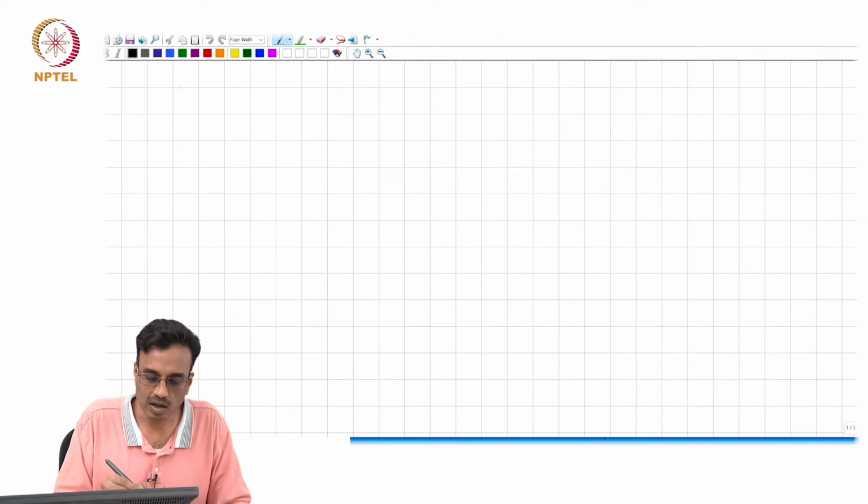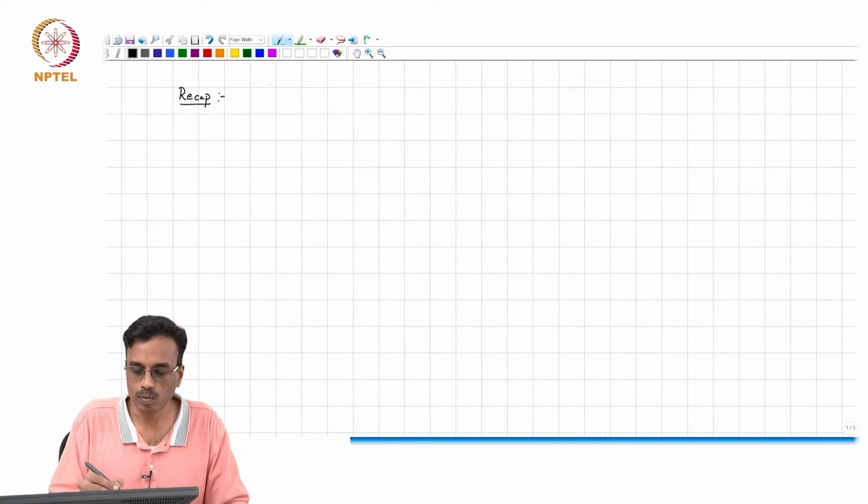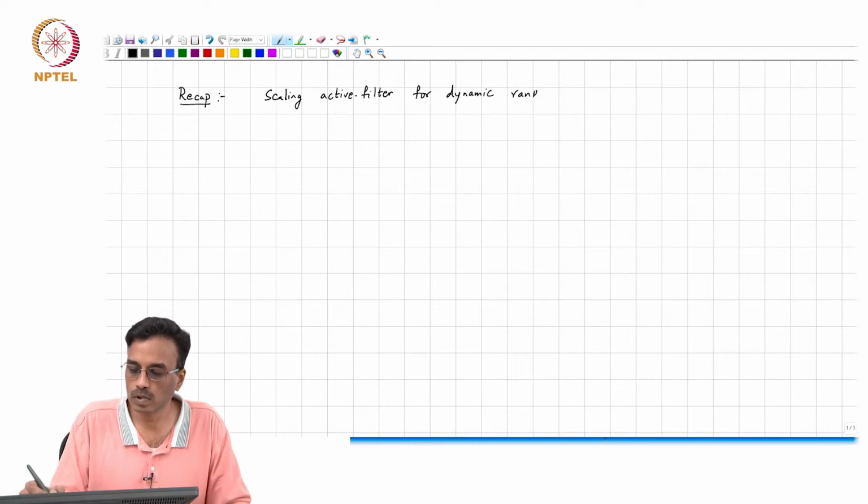In the last class, what did we discuss? We discussed the problem of scaling an active filter for dynamic range, and the intuition is the following.